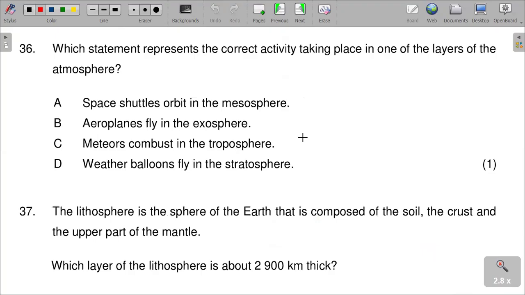Which statement represents the correct activity taking place in one of the layers of the atmosphere? I'm sure there is a question that we answered again which was asking about the layers of the atmosphere, number 36.